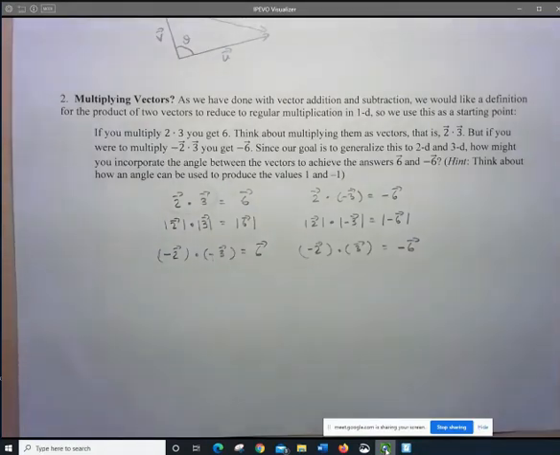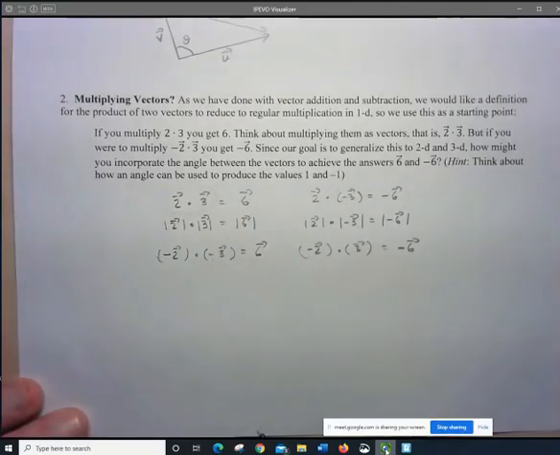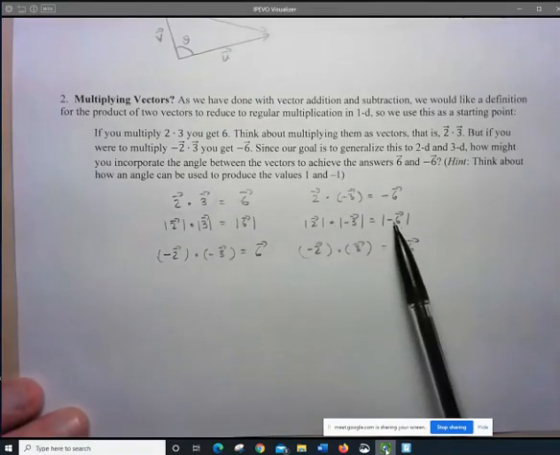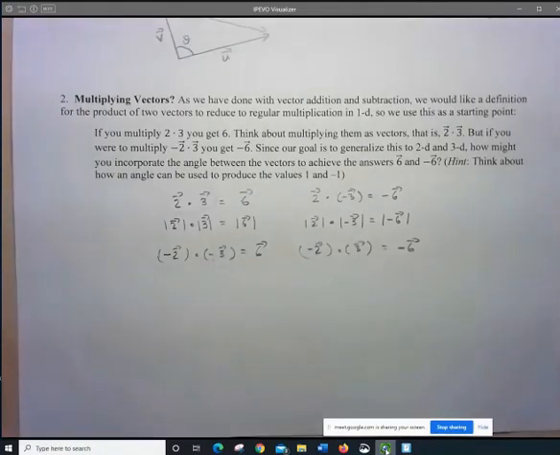Now, in fact, if I think about these magnitudes, I probably don't want it to produce anything but +1 or -1. So can anybody think about what I could apply to an angle so that when the angle is 0, I get 1, and when the angle is 180, I get -1? So who's got some ideas for me here?